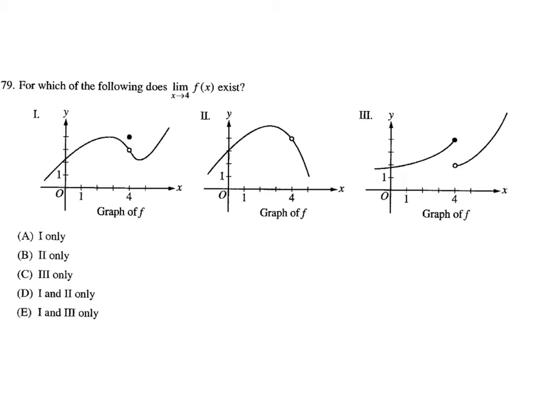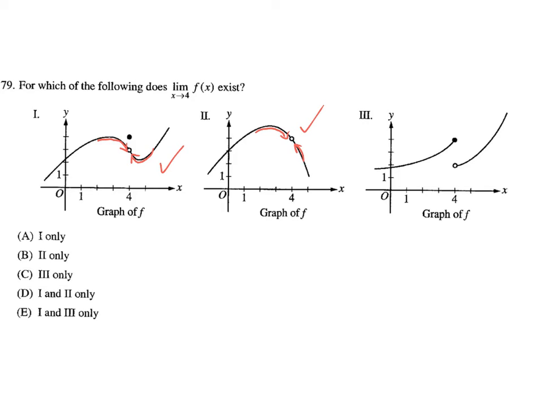This guy says, for which of the following does the limit of f of x as x approaches 4 exist? Well, remember they have to be going towards the same place. So the fact that there's a hole there doesn't really matter as long as on the left and the right we're approaching the same value. So 1 is good. On 2, from the left side and the right side, we're still approaching the same value.